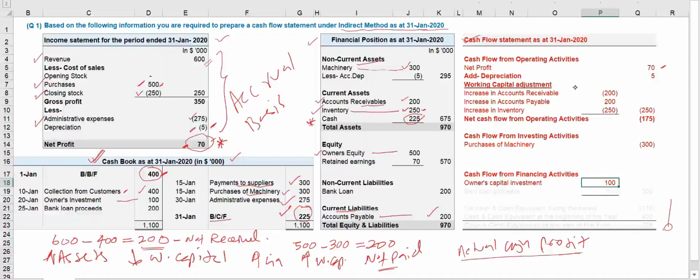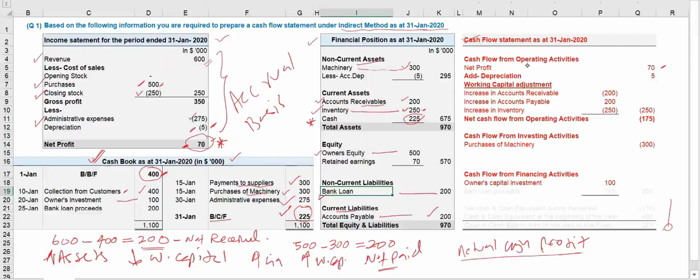For the time being, let's take only the additional cash investment of 100,000 under cash flow from financing activities. Apart from that, the company has obtained a bank loan of 200,000.